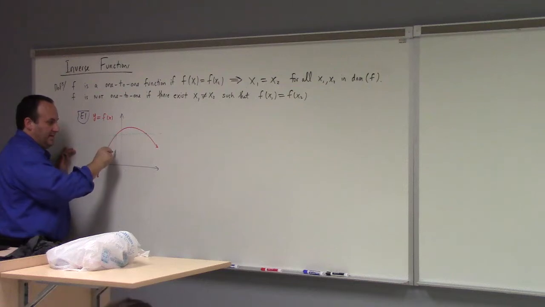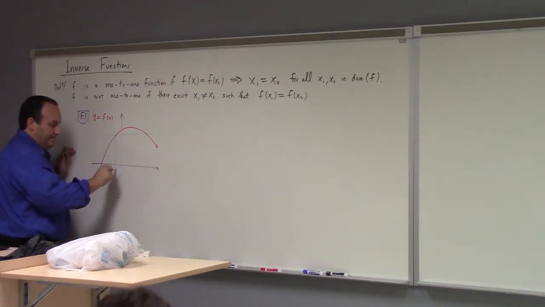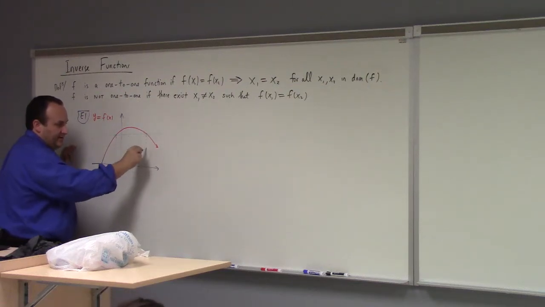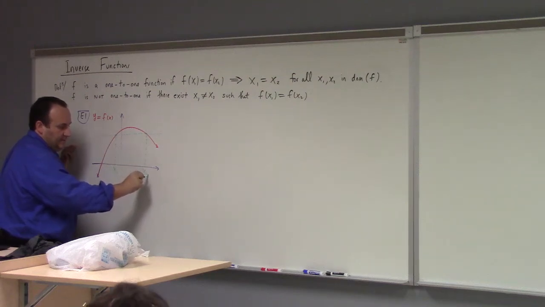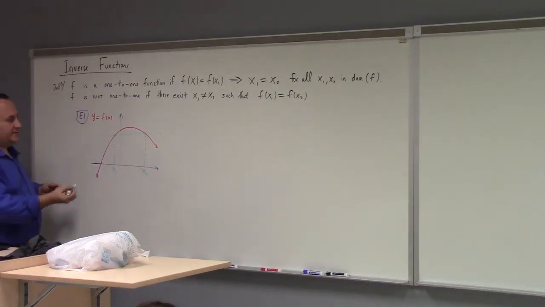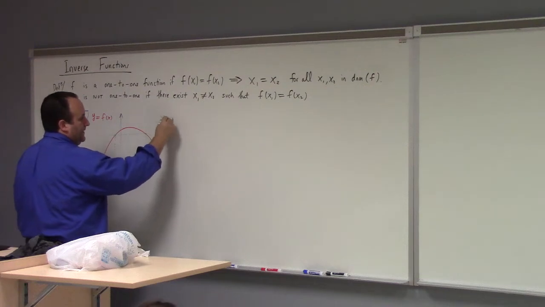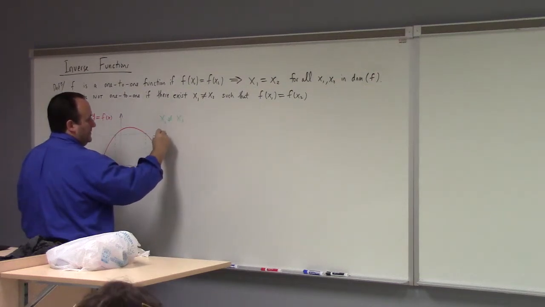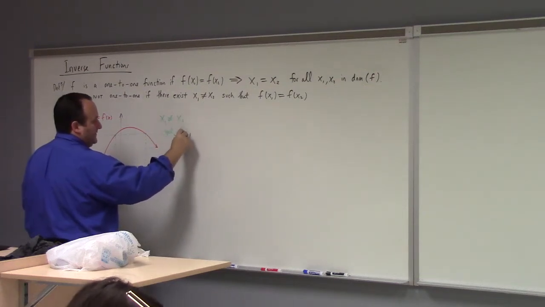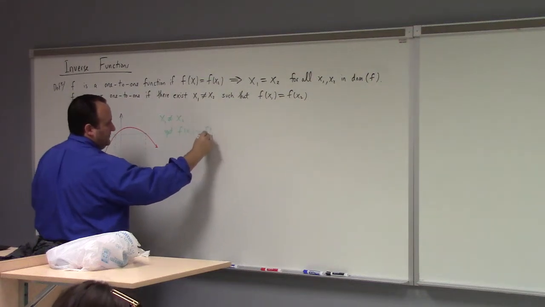So I can think of this as x1, and this over here as x2, and we have x1 not equal to x2, yet f of x1 equals f of x2.